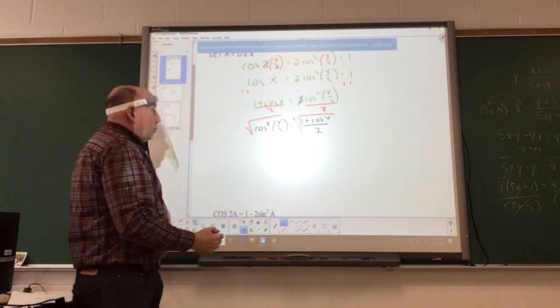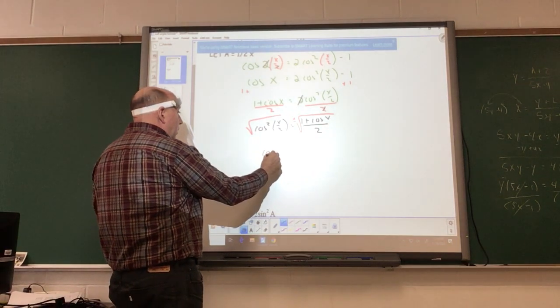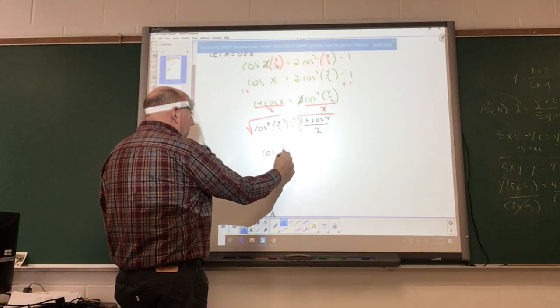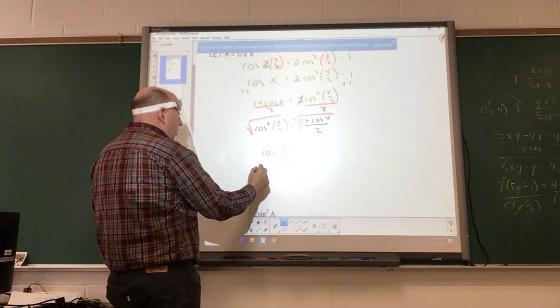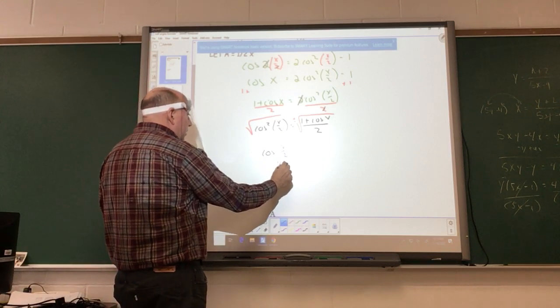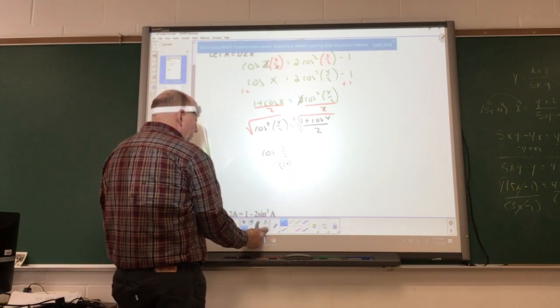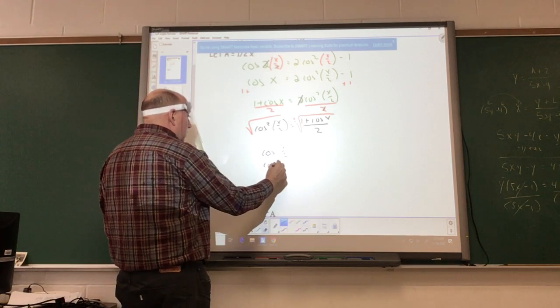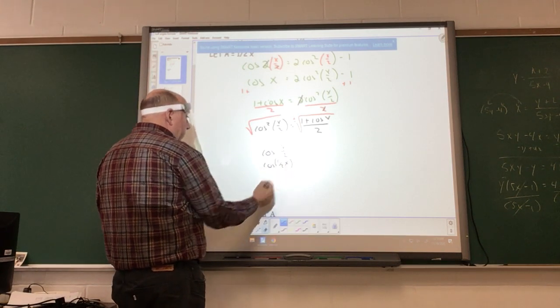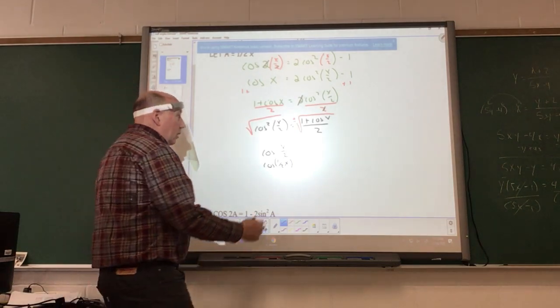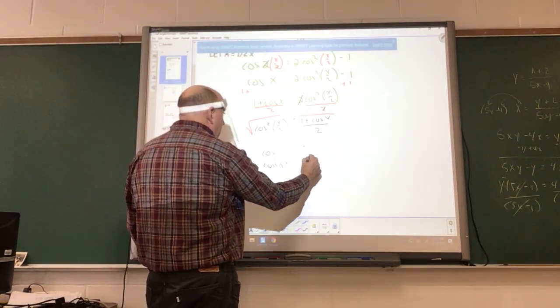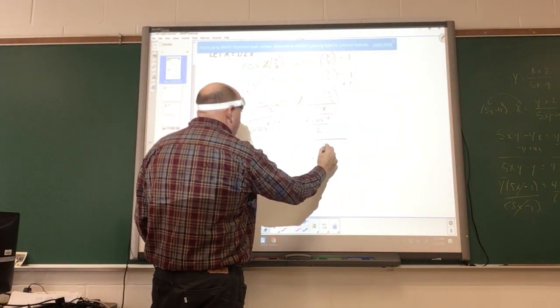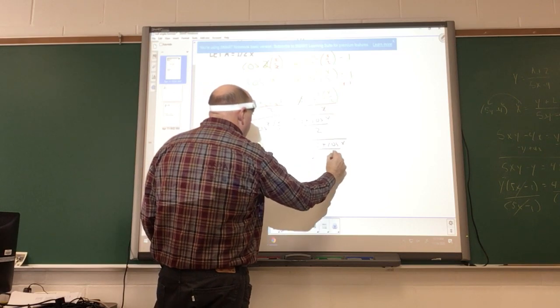And what we are left with is a cosine of x over 2, which is the half angle, or you can write that as 1/2 x. Does not matter. Is equal to plus or minus square root of 1 plus cosine of x divided by 2.